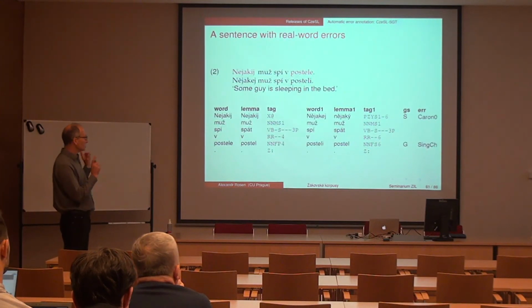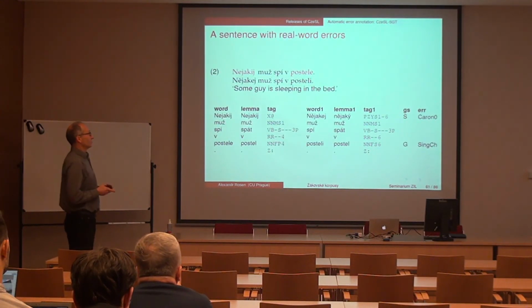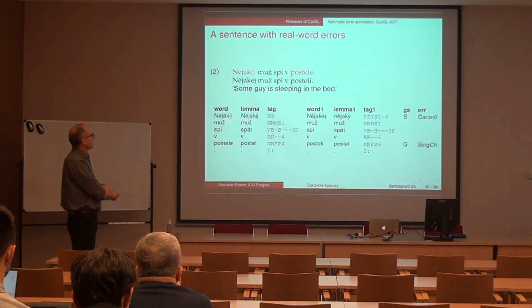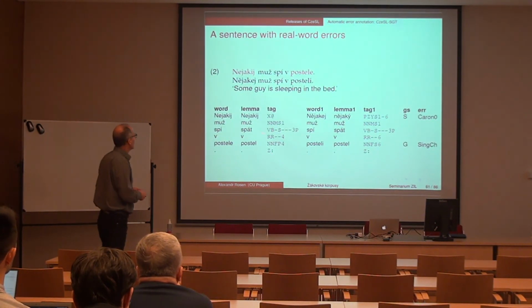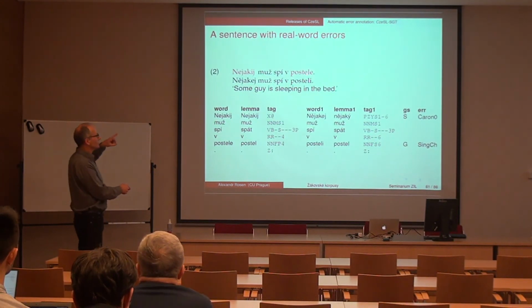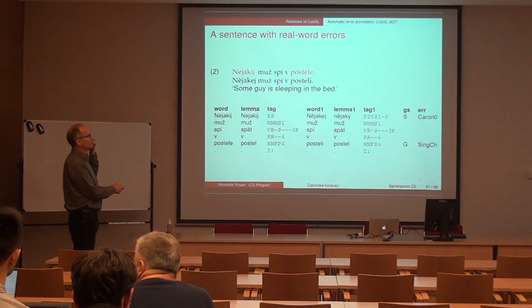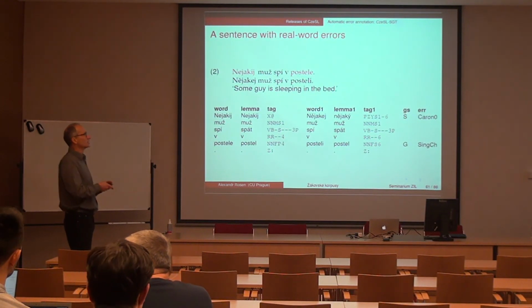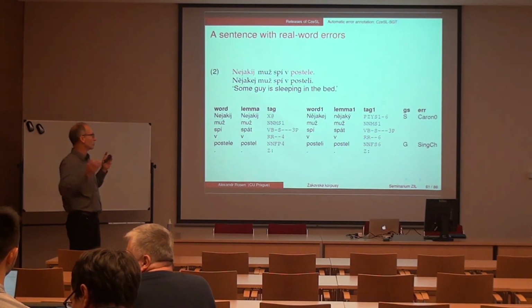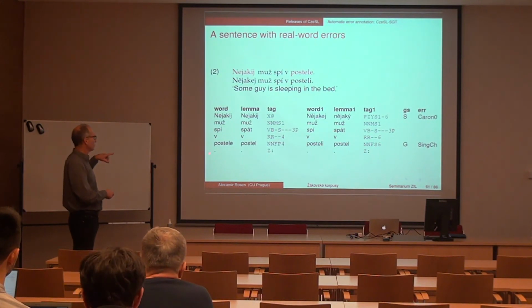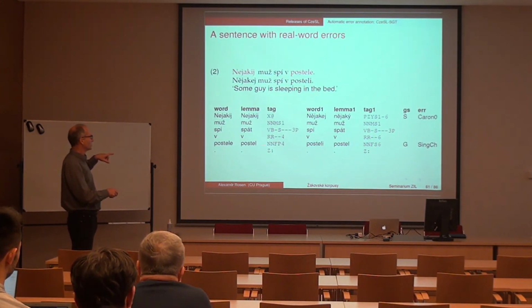Now it can also do even nicer things. So some guy sleeping in the bed. So this is a non-word. This is a non-word, but actually no, sorry. This is a correct word in isolation. So this is nominative plural, but you have to correct it because it doesn't fit the context.